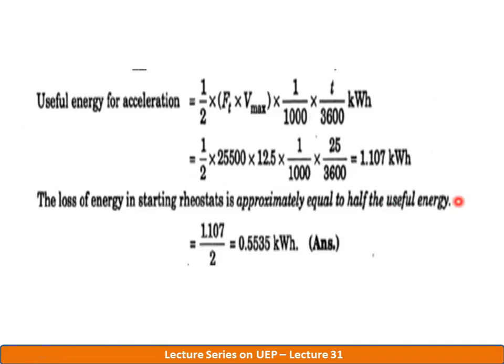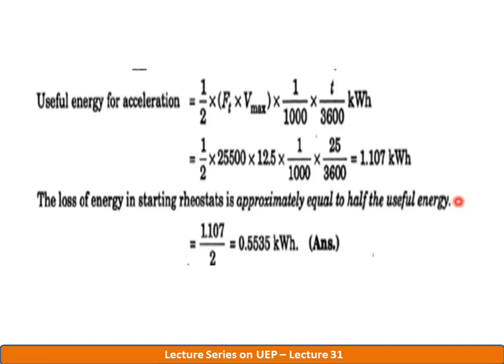Useful energy for acceleration. The useful energy for acceleration is half into Ft into V. If speed is in kilometer per hour, power is Ft into V, multiplied by time, it's energy, power into time, so time in seconds is converted into hours, 3600.